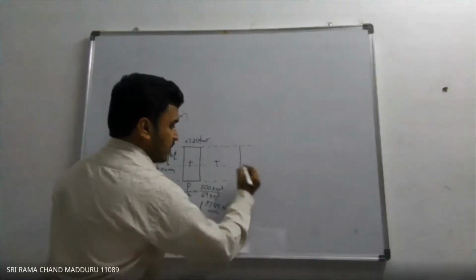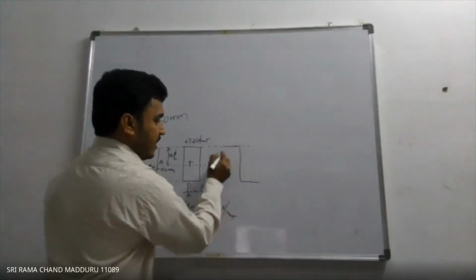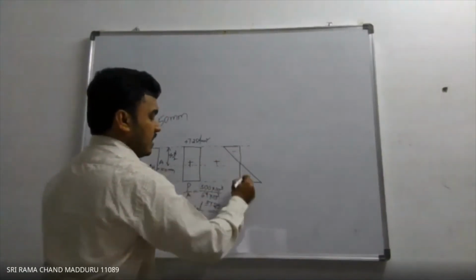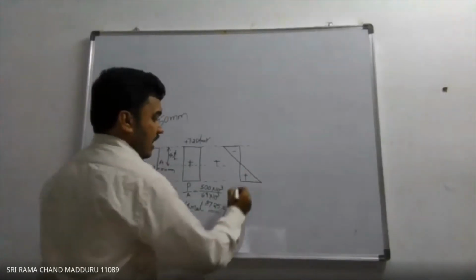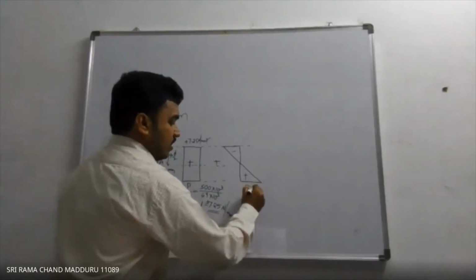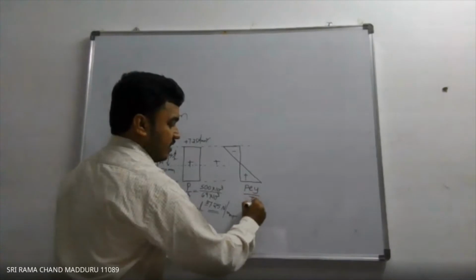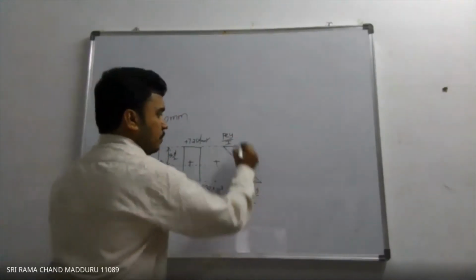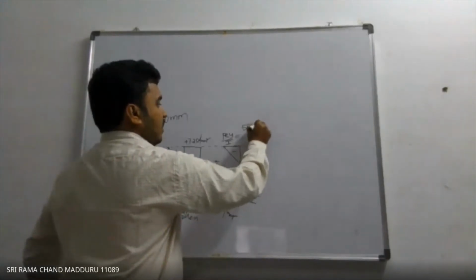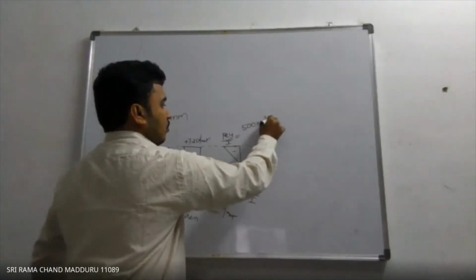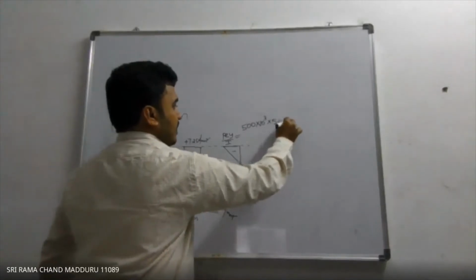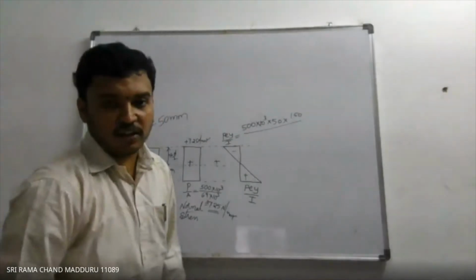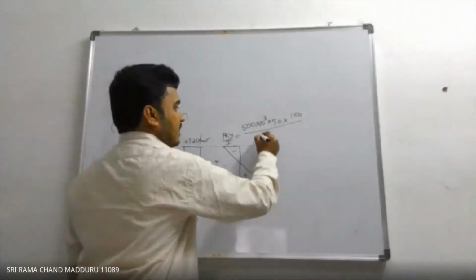At the bottom fiber it is positive, at the top fiber it is negative, and the value is P into e into y by I. So P is 500 into 10 cube, into 50. y is nothing but D by 2, so 300 by 2, 150, divided by I.